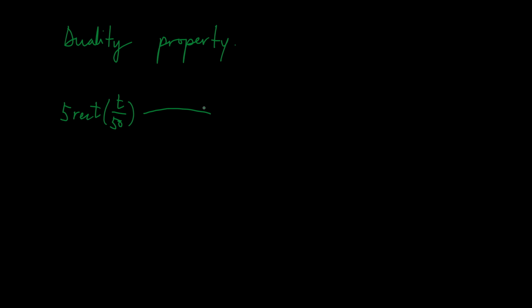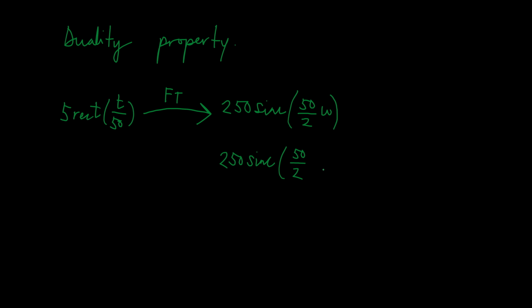The Fourier transform of 5 rect(t over 50) is 250 sin(50 omega over 2)... and if we apply a second Fourier transform to the output of the first Fourier transform, we have to assume that the output of the first Fourier transform is now a signal in the time domain, and based on the duality property, the output of the second Fourier transform is 2 pi multiplied with 5 rect(minus omega over 50).